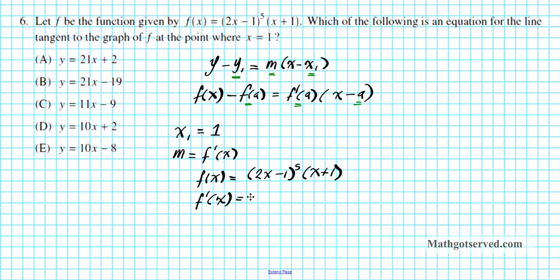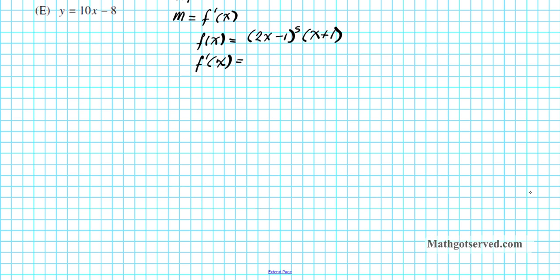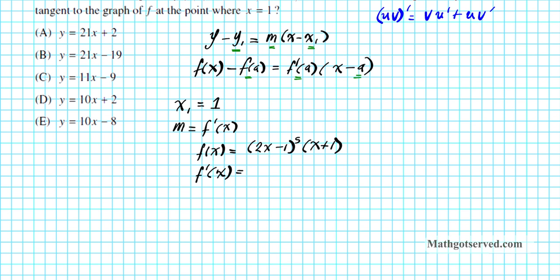I'm gonna find this derivative using the product rule. So you know that uv prime is equal to v u prime plus u v prime. Now I'm gonna do this problem and I'll make a mistake, and I want you to see if you can catch my error. So I'm gonna apply the product rule here. This is my u, and this is my v.